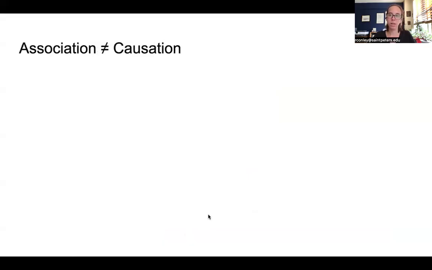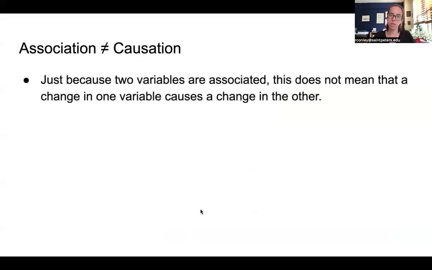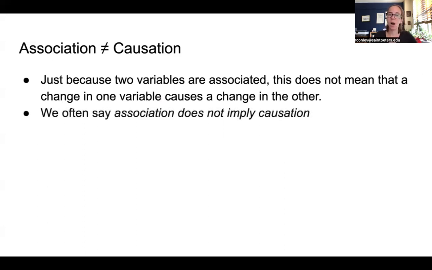Because of confounding variables, we need to keep in mind that just because two variables are associated, like ice cream and shark attacks, that doesn't mean that one variable is causing the change in the other one. In statistics, we often say association does not imply causation.